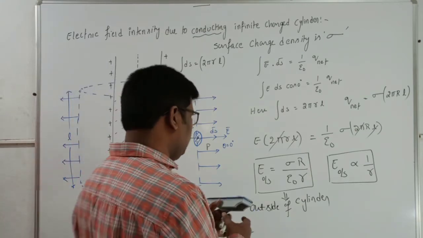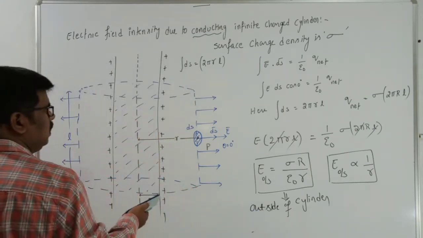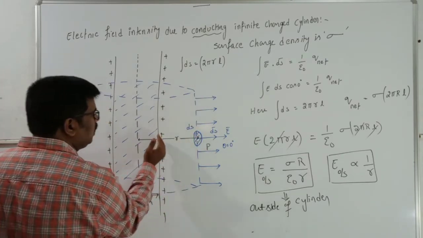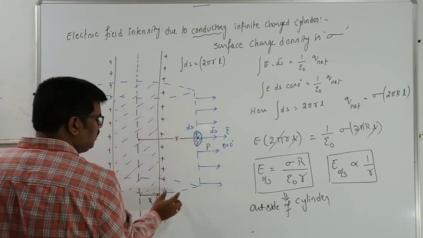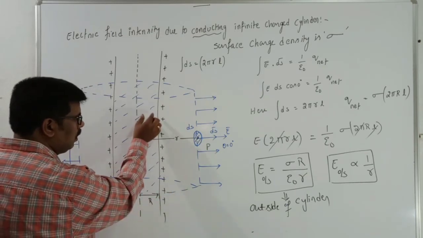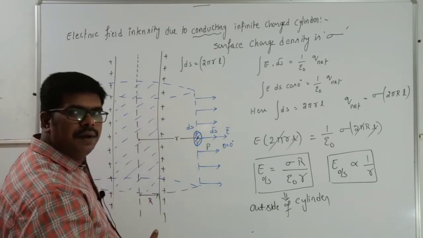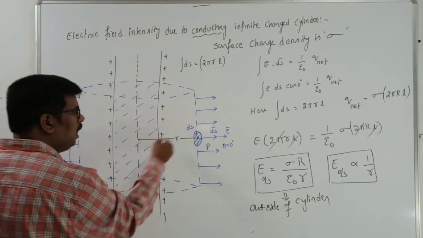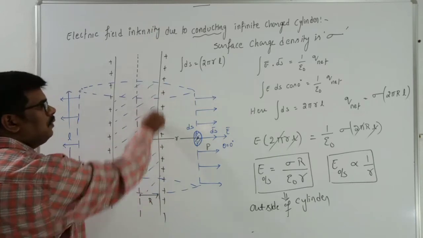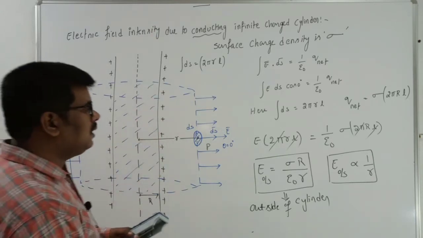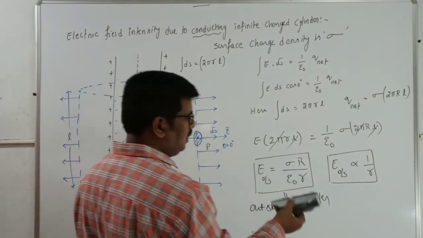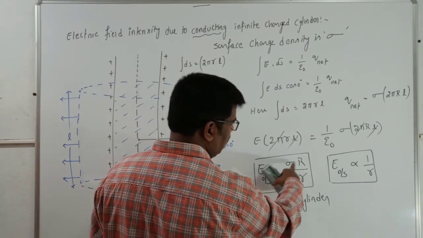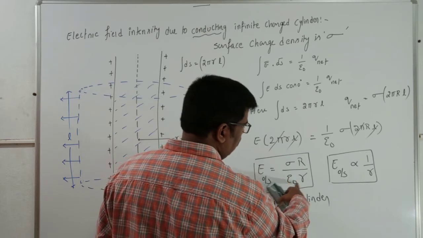On the surface means the Gaussian surface should lie over the cylinder, so the Gaussian surface radius and the cylindrical radius should be the same. Gaussian surface radius small r equal to capital R means the point lies on the surface of the cylinder. Outside, the field is sigma capital R by epsilon naught small r.